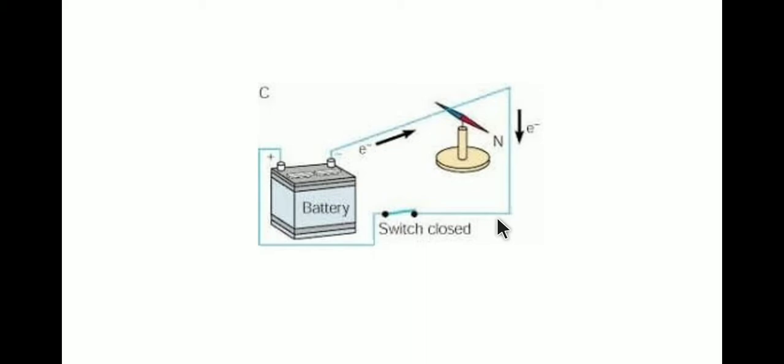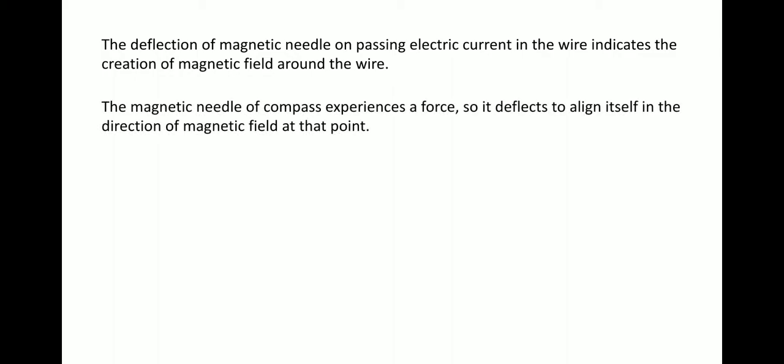So the conclusions that we arrive at: the deflection of the magnetic needle on passing electric current in the wire indicates the creation of a magnetic field around the wire. The magnetic needle of the compass experiences a force, so it deflects to align itself in the direction of the magnetic field at that point.